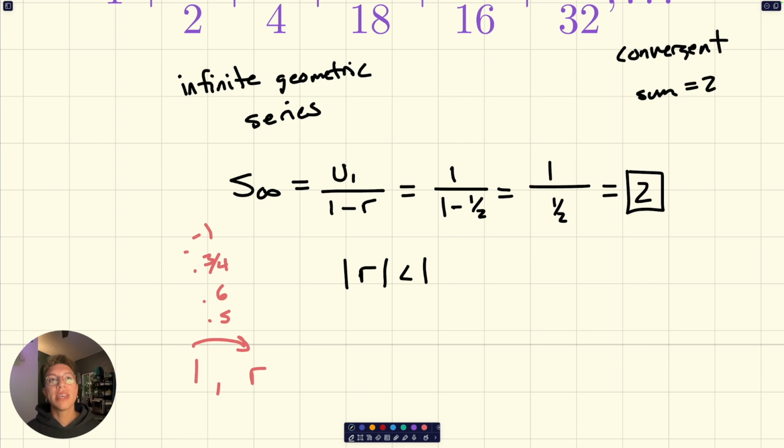And more specifically, we're saying that r has to be less than 1 and greater than negative 1. So any fractions that you can think of, negative 1/2, negative 3/4, positive 1/2, if you're not sure about that result, you can try a couple of geometric sequences, create your own, with fractions that are in that range, and you'll notice that all of them do converge, and they do have a sum if this condition is met. So that's a really important condition.